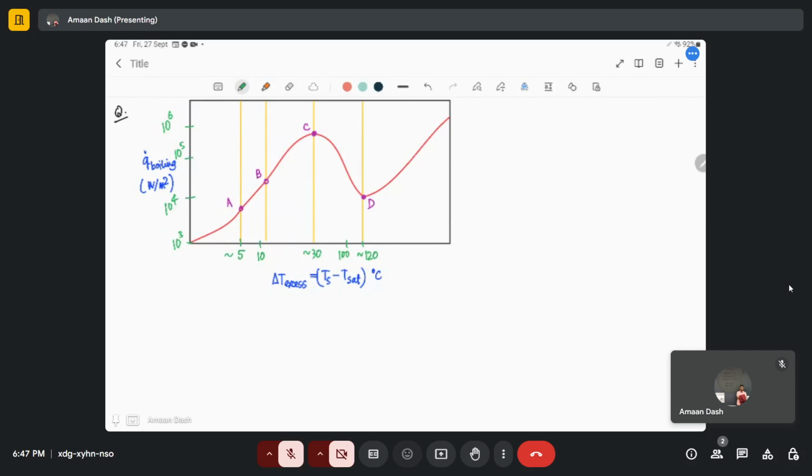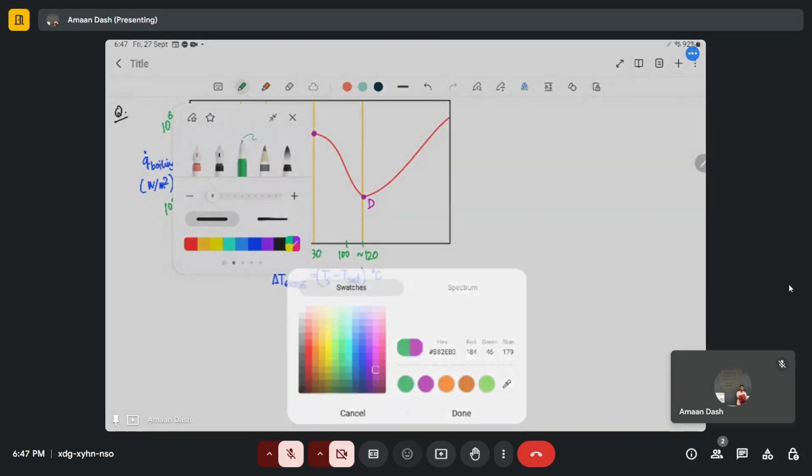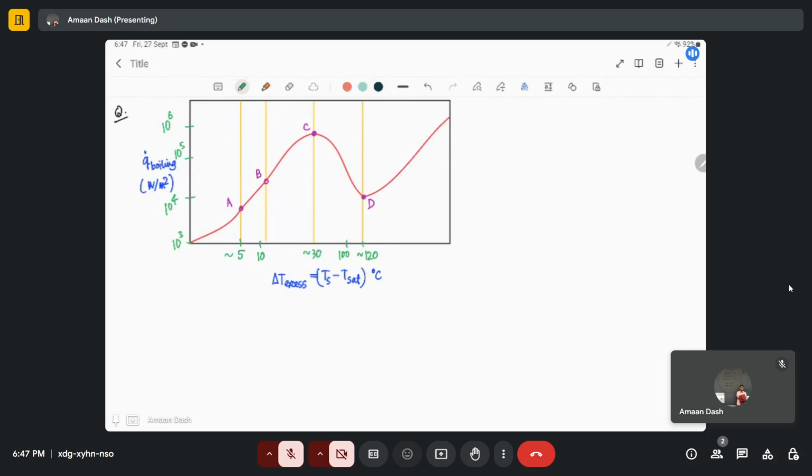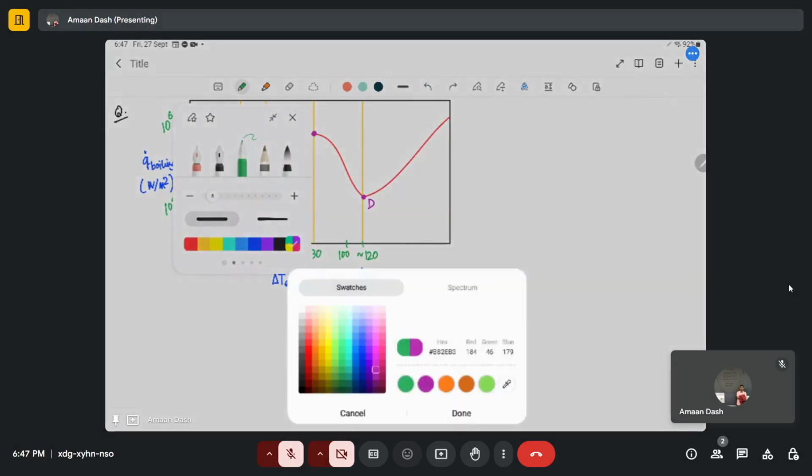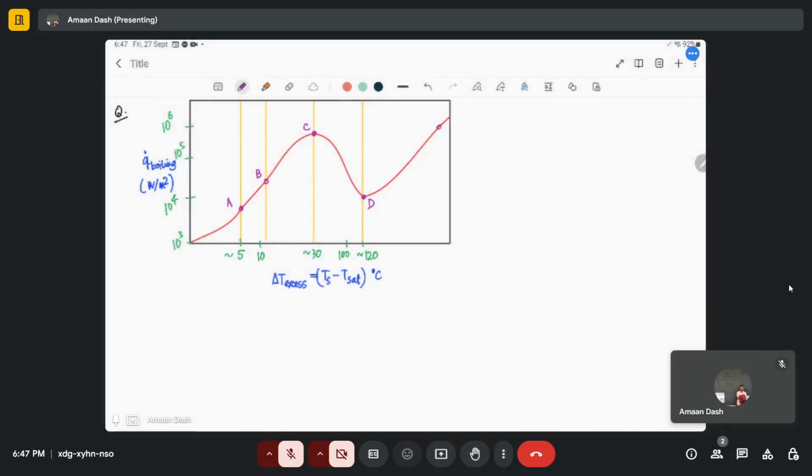Okay, yes, I missed one point here. This is, let's say, point E. So you can see this graph. What is this?